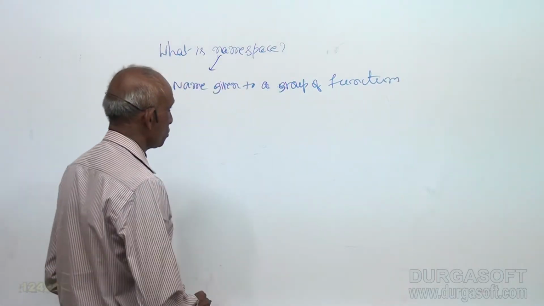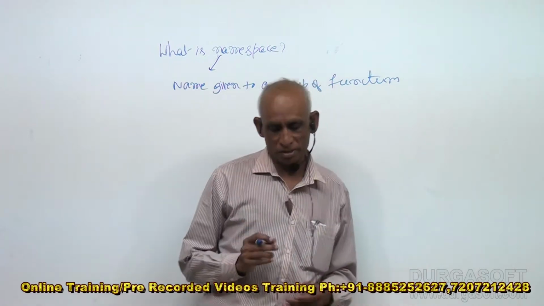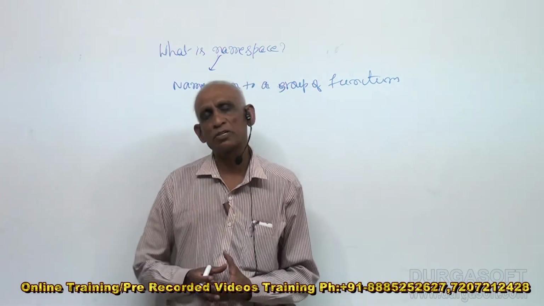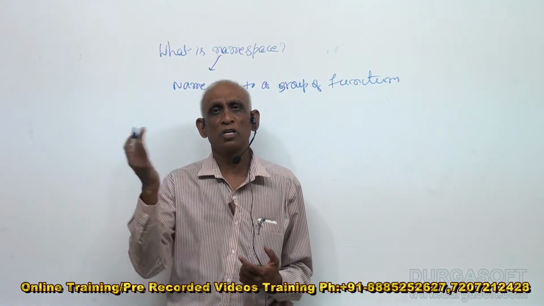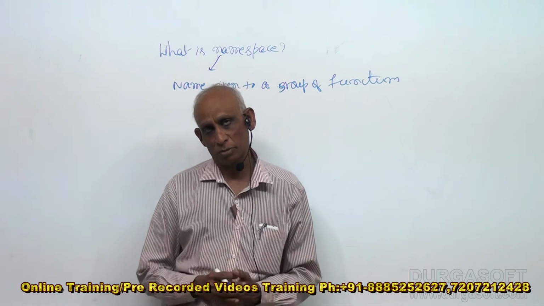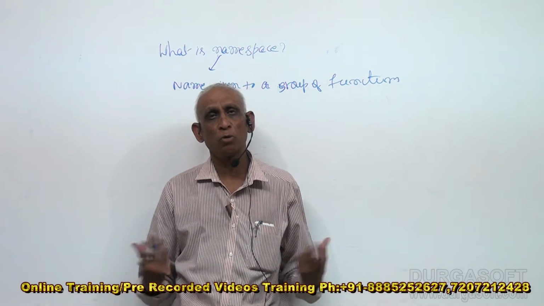So why are you giving this name? Suppose for example there is a group of functions related to display or console, and there is a group of functions related to printer, and there may be some functions which have the same name in both.